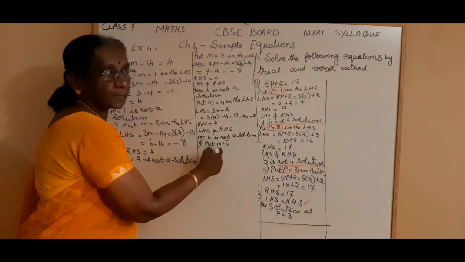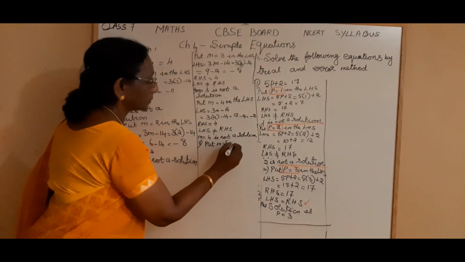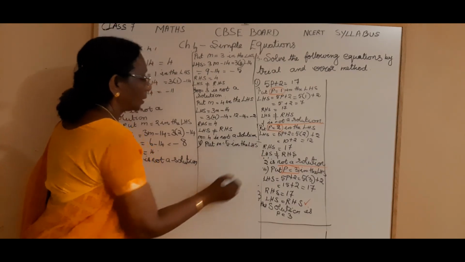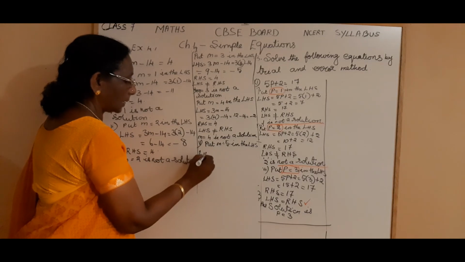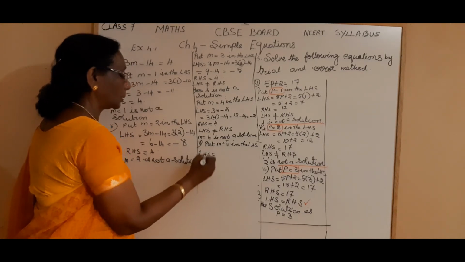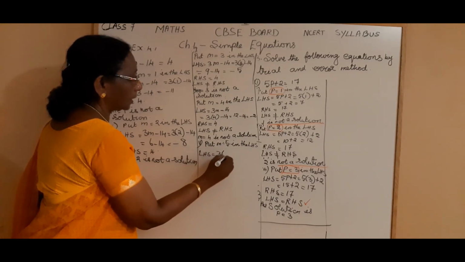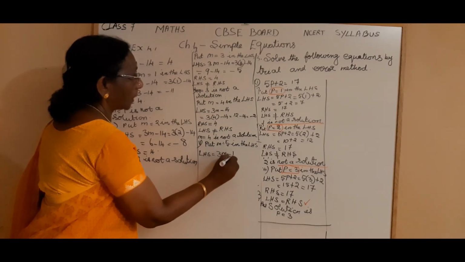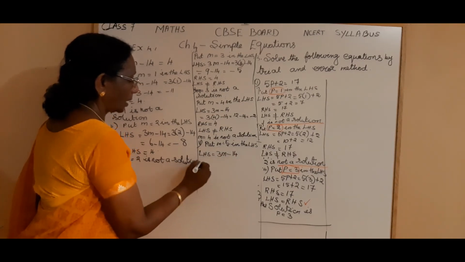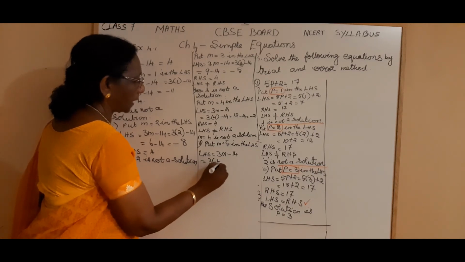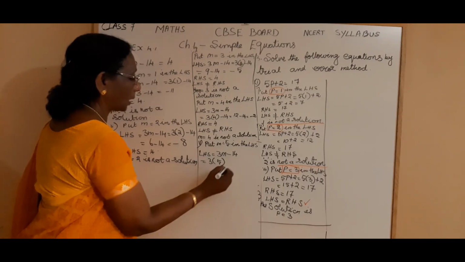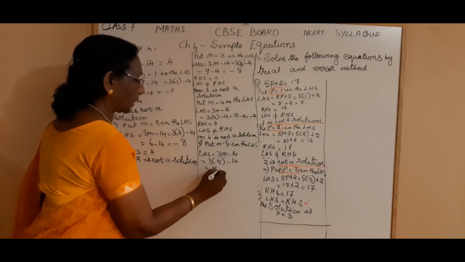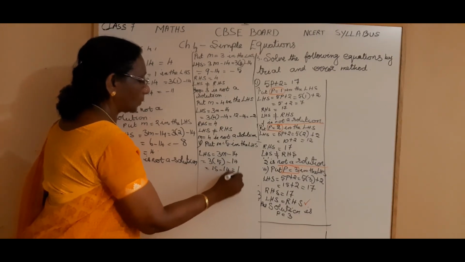Now put m is equal to 5 in the LHS. So what do you get? LHS is equal to 3m minus 14, that is 3 into 5 minus 14, that is 15 minus 14, which is equal to 1.